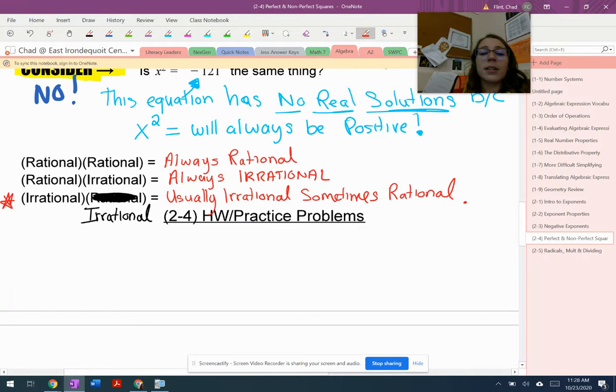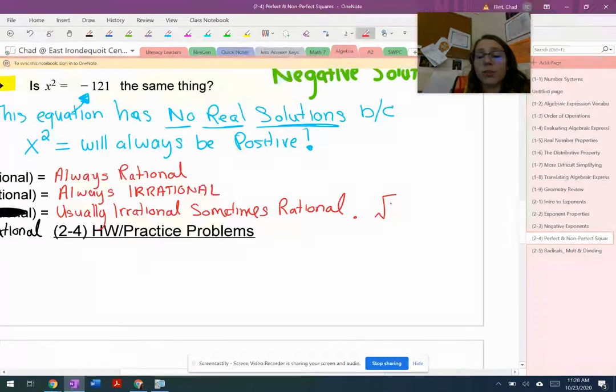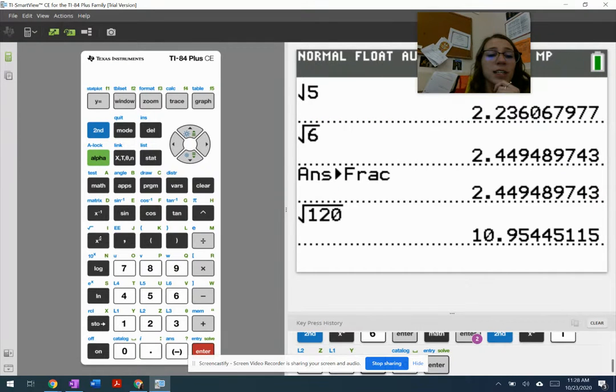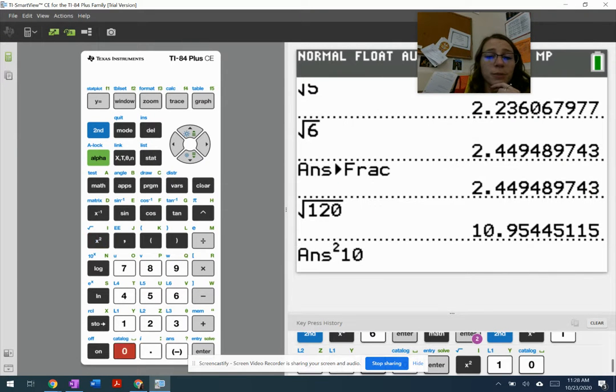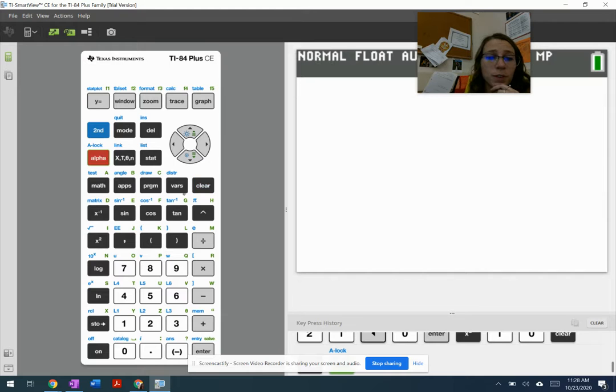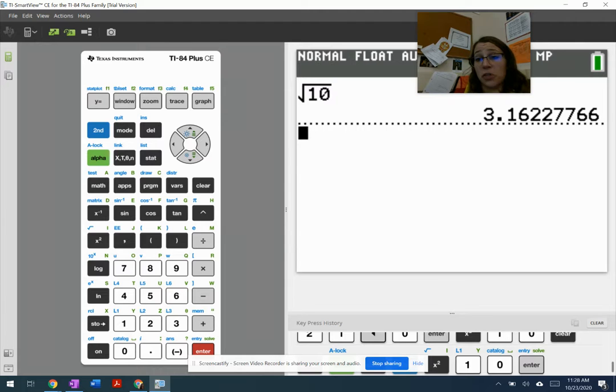And an example of that is where I have the square root of 10 times the square root of 10. If we look at the square root of 10 by itself, we can see that that definitely gives us an irrational number, never ending, non-repeating.